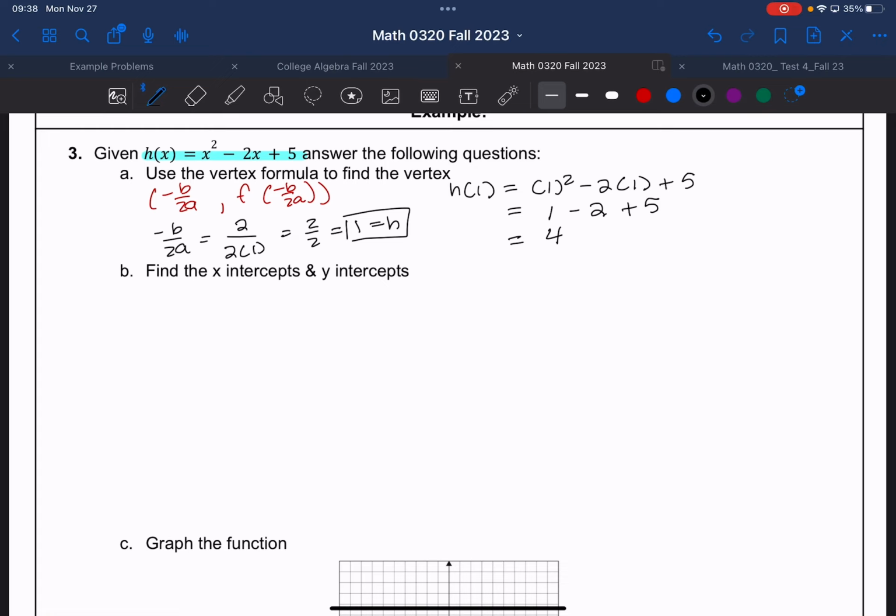And that 4 is my k value. So if I write my vertex, which is h comma k, my vertex is going to be what? 1 comma 4.